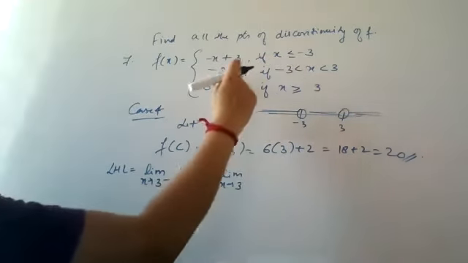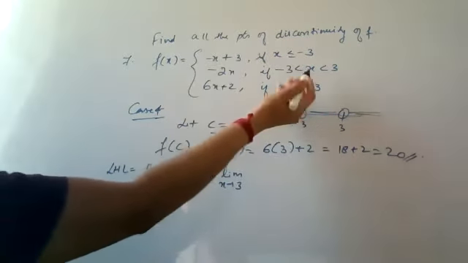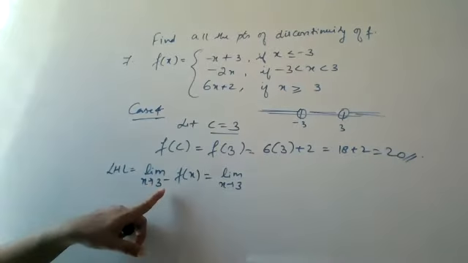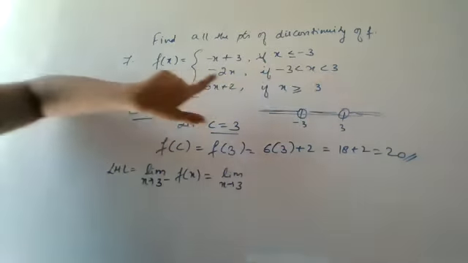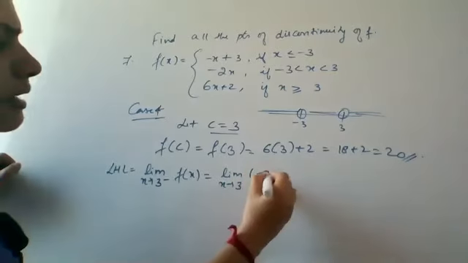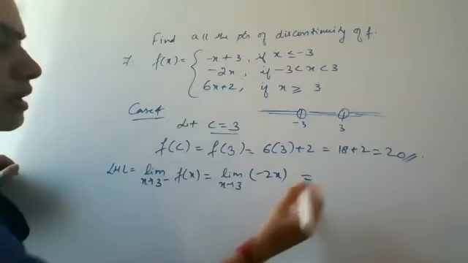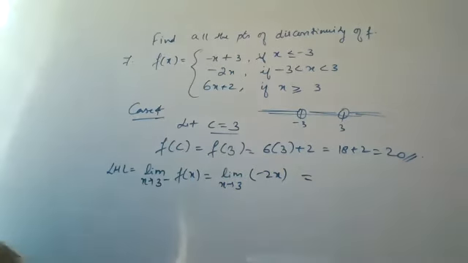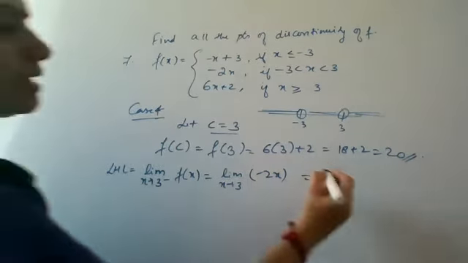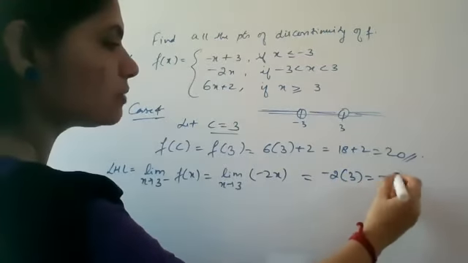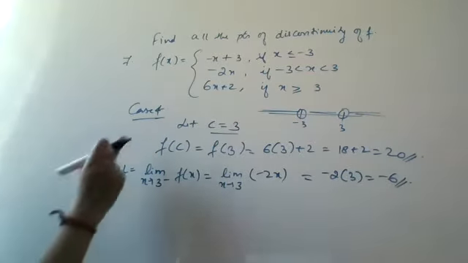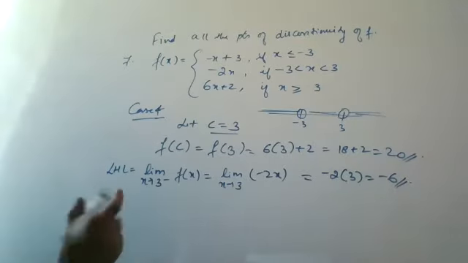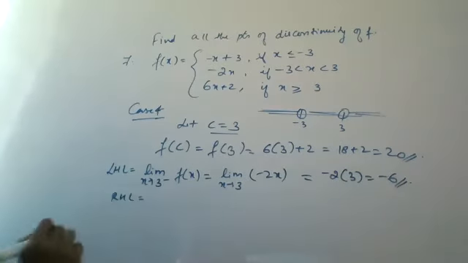Okay, directly write the function value. What will be that function in between? That is less than 3. Where does it come? Here. X is less than 3 is this one, so you have to replace this function minus 2x. Now replace your x value with 3. So what will you get? Minus 2 into 3, which is minus 6. From here you get that it will not be continuous, because at the point the left hand limit and the function value are not equal. Then also you need to find out what is RHL.